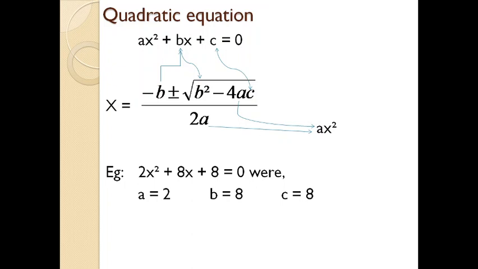So whenever you get quadratic equation questions or cases, you have to identify the values of a, b, c, then substitute them in the equation minus b plus or minus root of b square minus 4ac divided by 2a. And remember that here we have used plus or minus. You can see in the equation minus b followed by plus or minus.